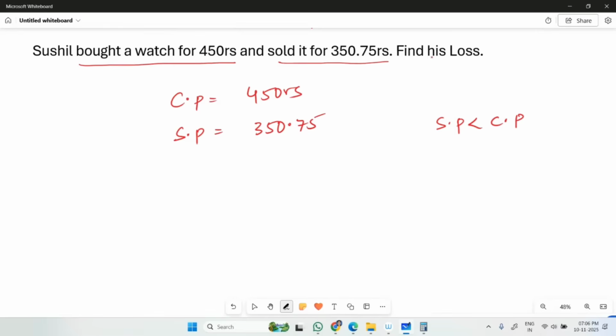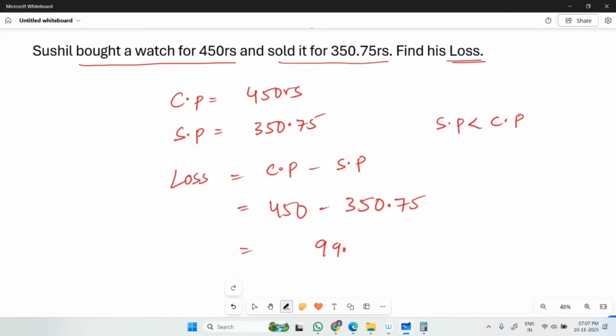Even if they did not mention loss, we can easily figure out whether it is a loss or profit. Selling price is lesser than cost price. So the loss formula is cost price minus selling price, which is 450 minus 350.75, which is 99 rupees 25 paise. Okay, so this is how we find out the profit and loss.